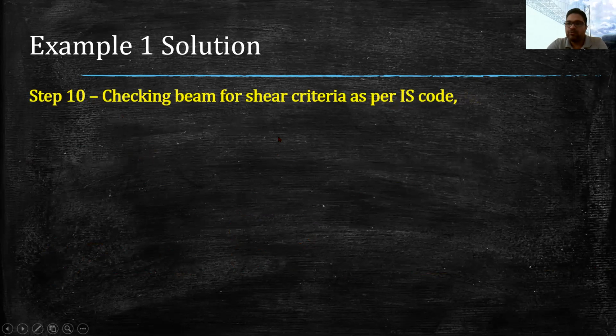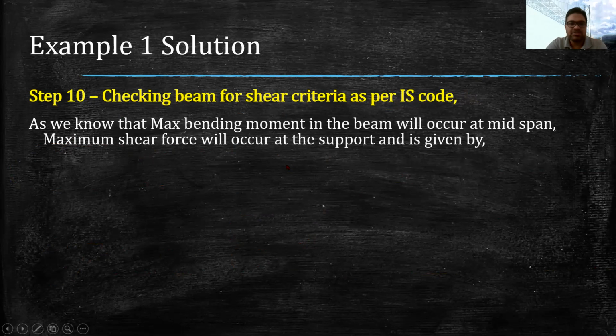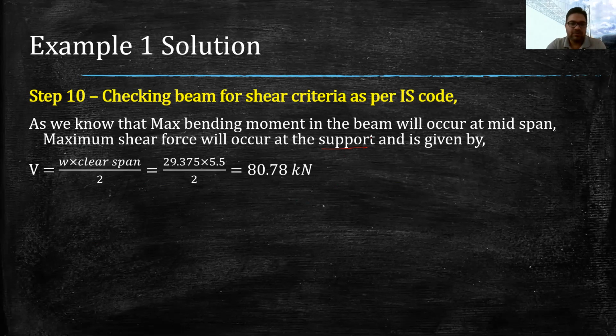Now we will move to step 10, which is about checking the beam for shear criteria. In this case, we will find out the shear force first. The bending moment of the beam occurs at midspan, but the shear force occurs at the support. We will find the maximum shear force, which is W into clear span.